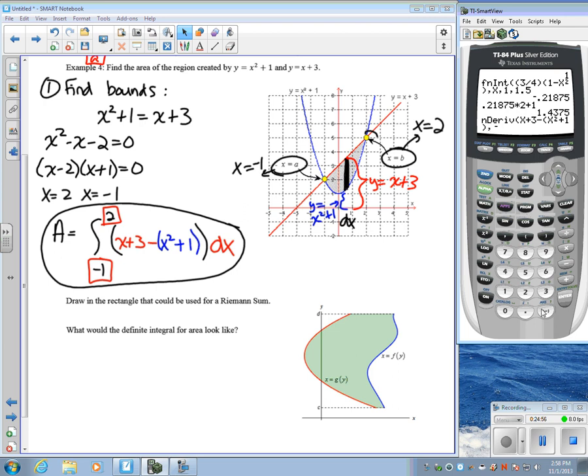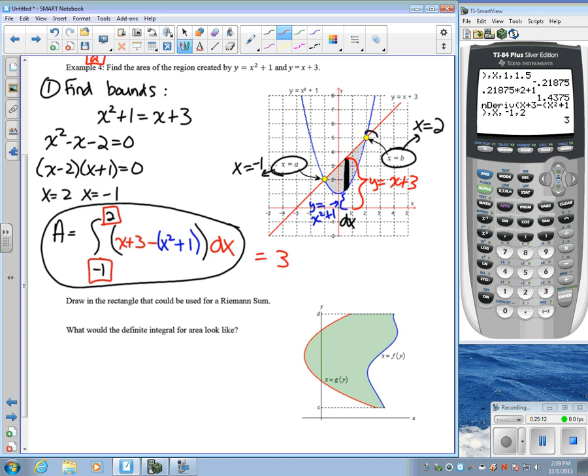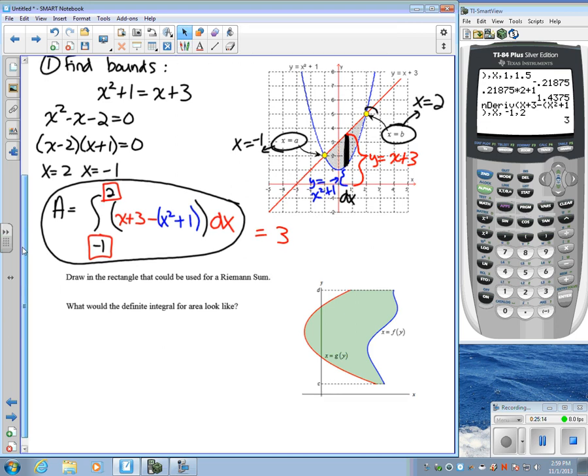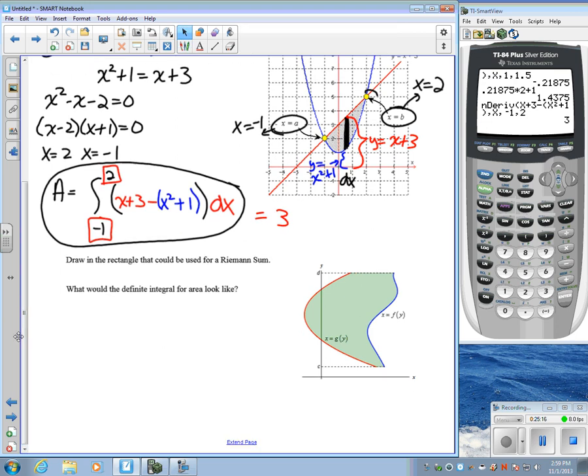Comma, x, comma, negative 1, comma 2. And I get 3. Okay, so my area is 3.